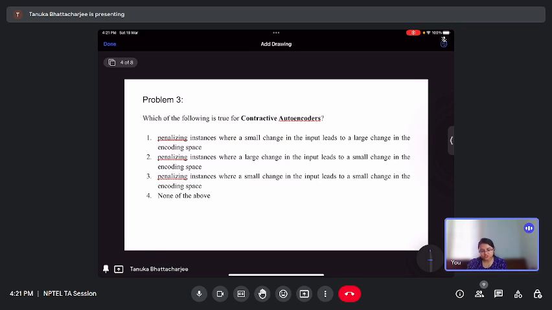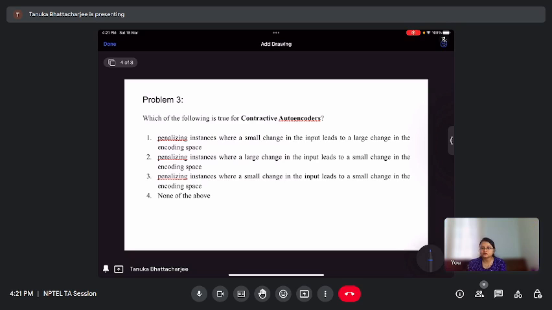The first option is, in case of contractive autoencoder, we penalize the instances where a small change in the input leads to a large change in the encoding space. Second option is, large change in the input leads to a small change in the encoding space. And third is, small change in the input leads to a small change in the encoding space. In which case you penalize?